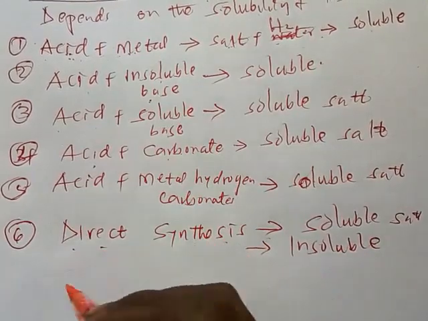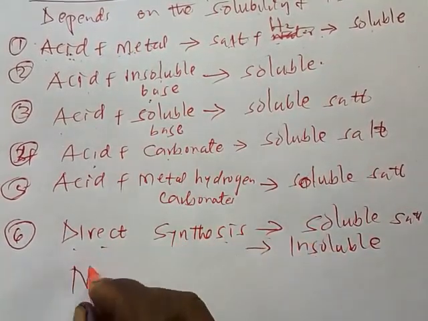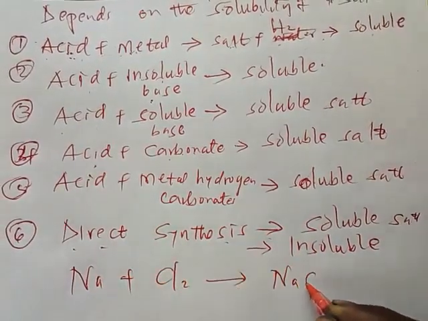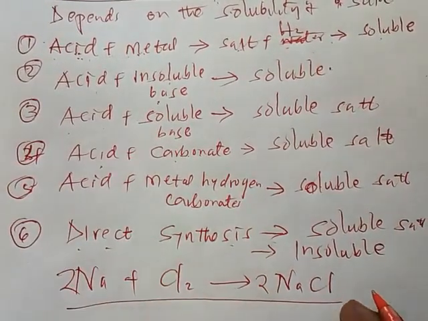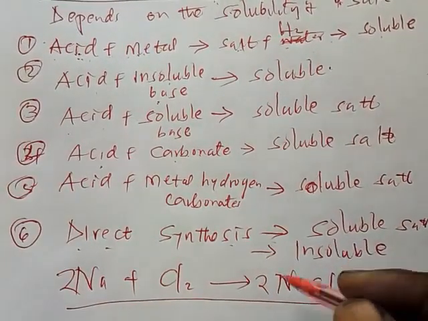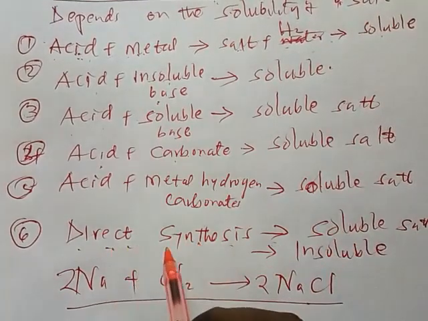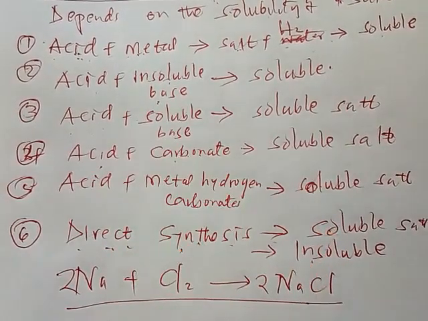Direct synthesis is the direct combination of elements. For example, a metal plus a non-metal, like sodium plus chlorine will give us sodium chloride. So this one is soluble. It can also prepare insoluble salt. So direct combination of elements can prepare both soluble and insoluble salts.